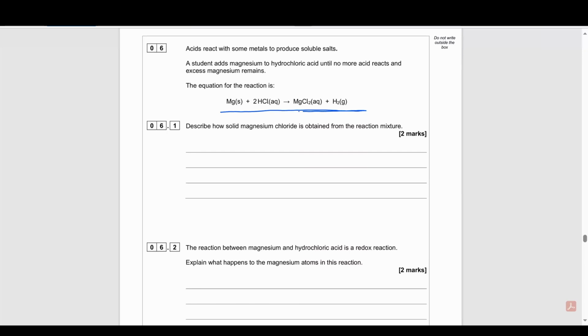So again, this is similar to one of your required practicals where you're dealing with the process of crystallization. Now, during crystallization, what happens is you take a base and then you add that to an acid.